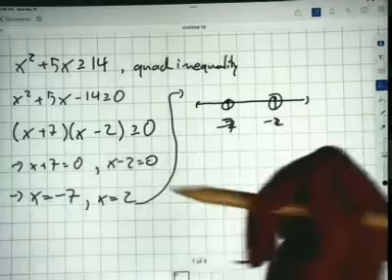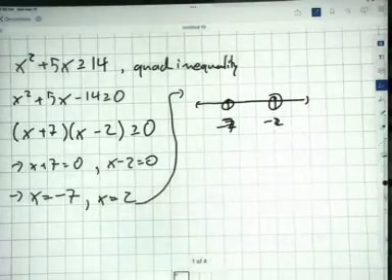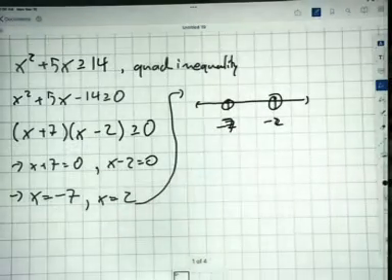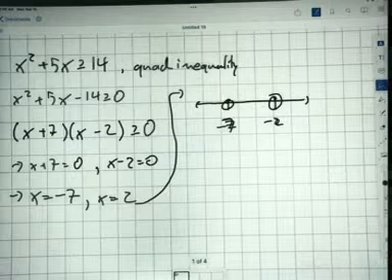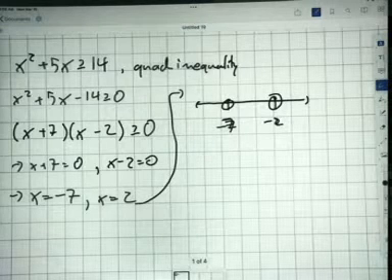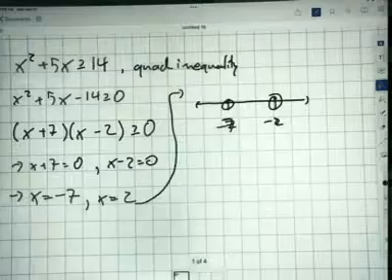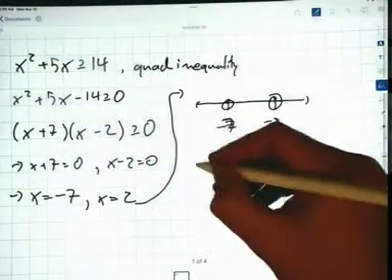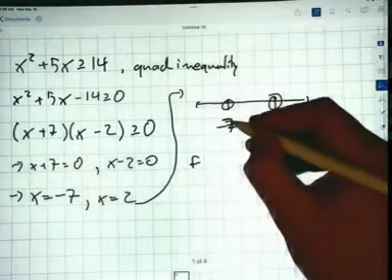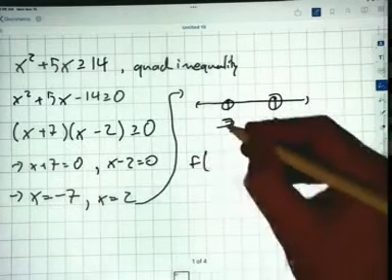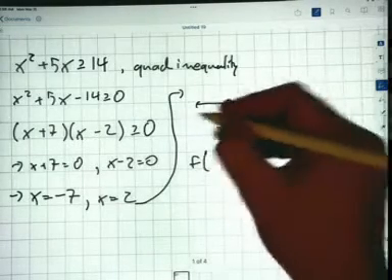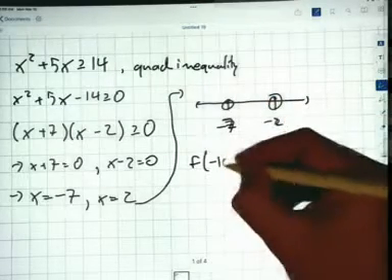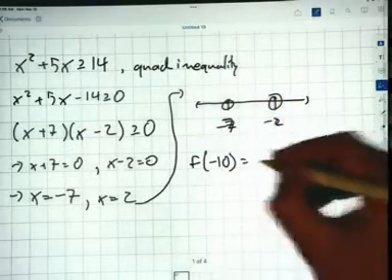Now, if you graph this, you could go by the graph, but let's just pretend like we don't know what this graph looks like. How do we tell when this function is greater than or equal to 0? When is this function positive? Well, I would pick test values. Something nice to plug in in this interval of our number line would be something like negative 10.